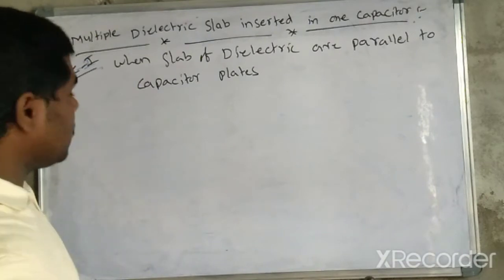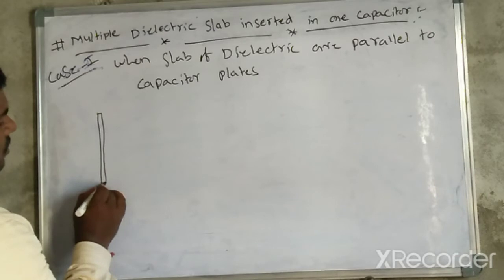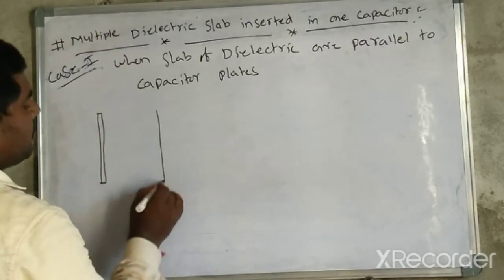Here let us consider this one is a plate. So like this, this is the left side plate, this is the right side plate.